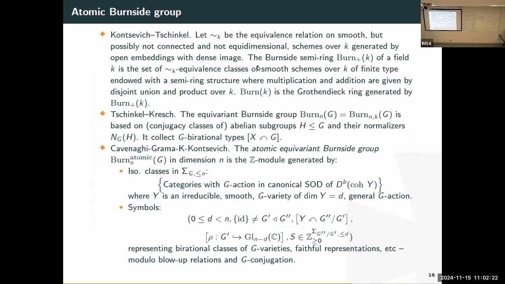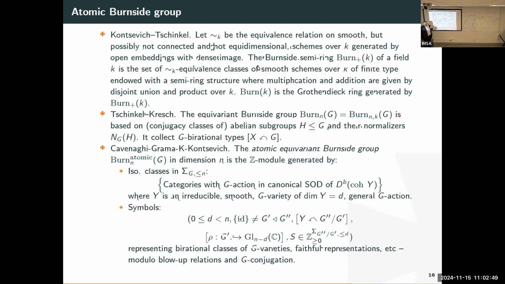For the symbols, how could you choose a G prime and G double prime? Well, the group has a subgroup and so on. There are some subvarieties which are fixed by the whole group, but then the subgroups act non-trivially on them, and so if you define the symbols, these things matter.